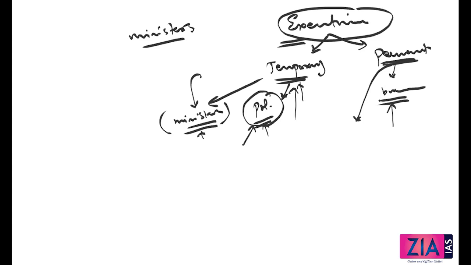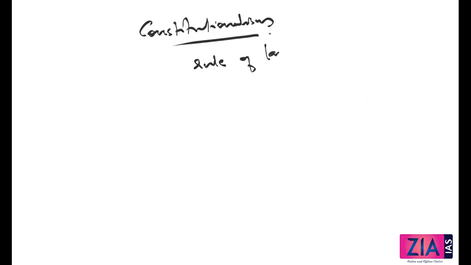Now, what do you mean by constitutionalism? Constitutionalism, guys, is all about rule of law, to what extent you are able to follow rule of law. There is actually no country where constitutionalism is at 100%, the peak.